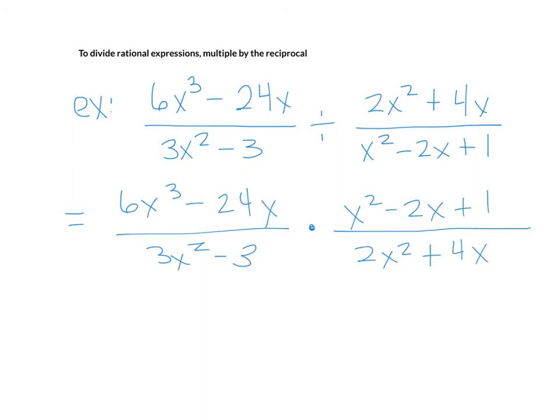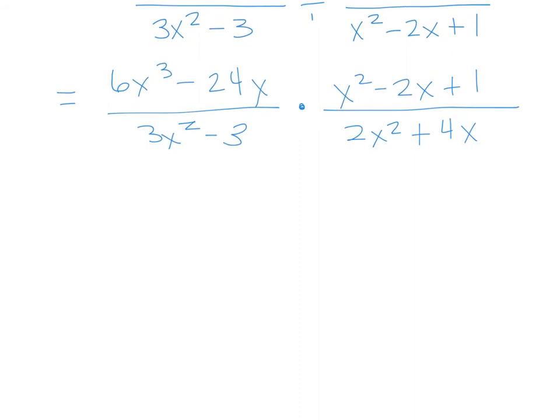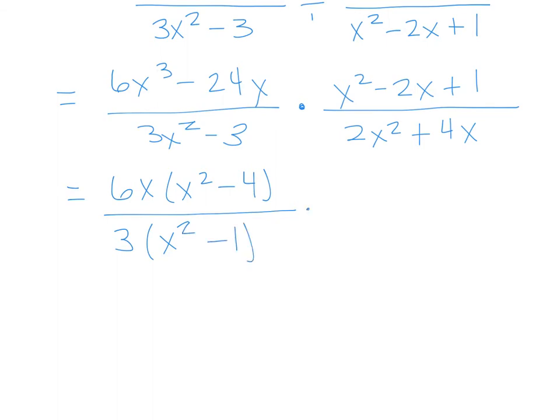Okay, now we just have a multiplication problem. We want to factor. The numerator has the greatest common factor of 6x, leaving x squared minus 4 in parentheses. The denominator has a greatest common factor of 3, leaving x squared minus 1 in parentheses.